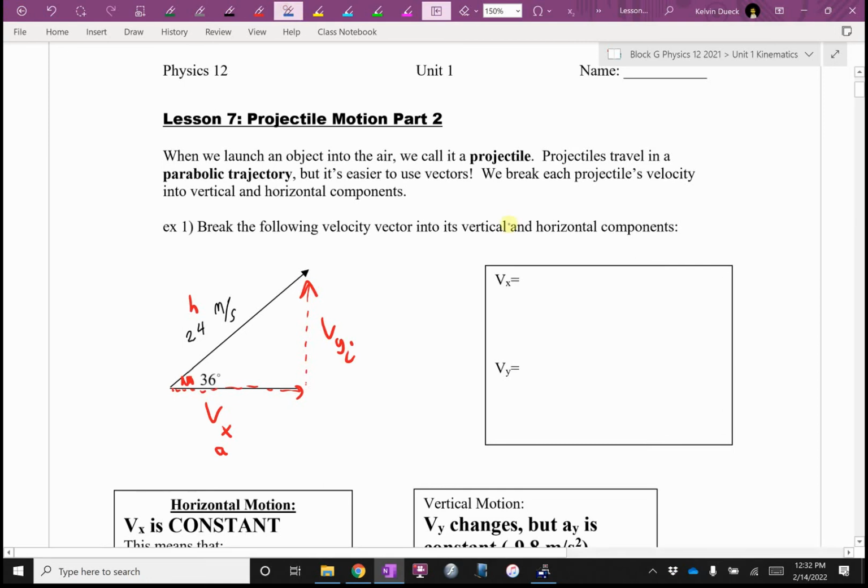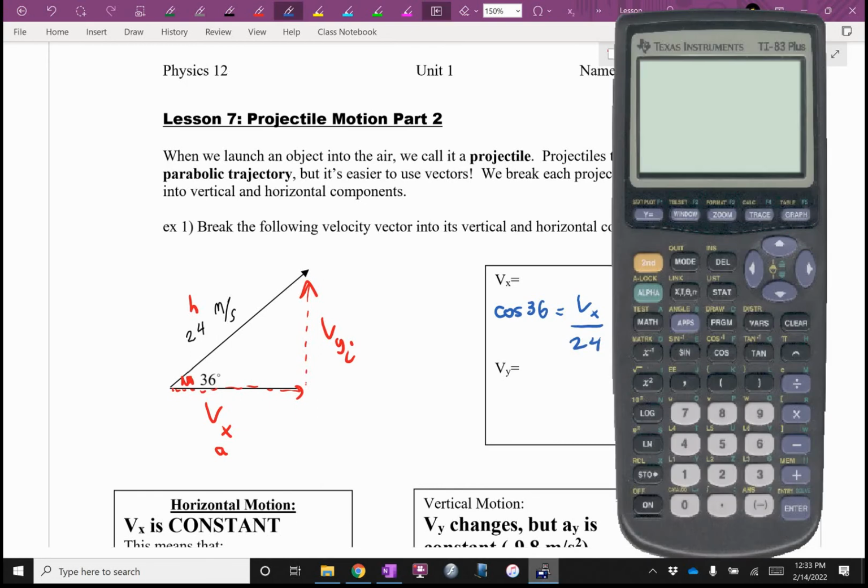So it's going to look like this. Cosine of 36 equals adjacent over 24. How would I get the Vx by itself, Danica? Times by 24. So it's going to be 24 cos 36. I get a Vx of 19.4.